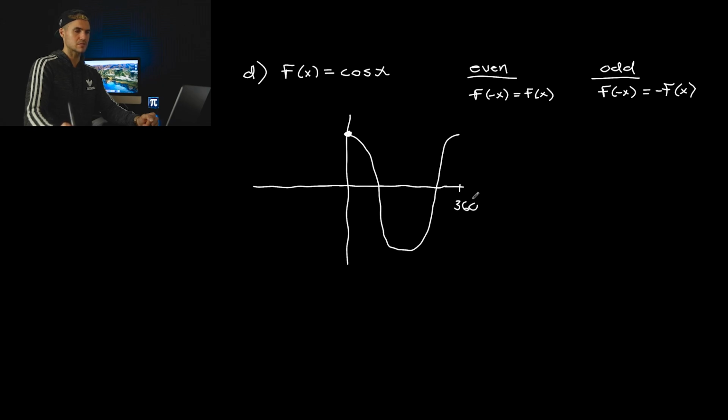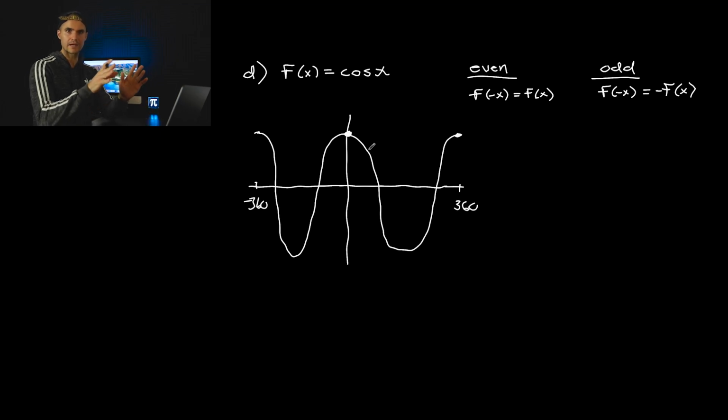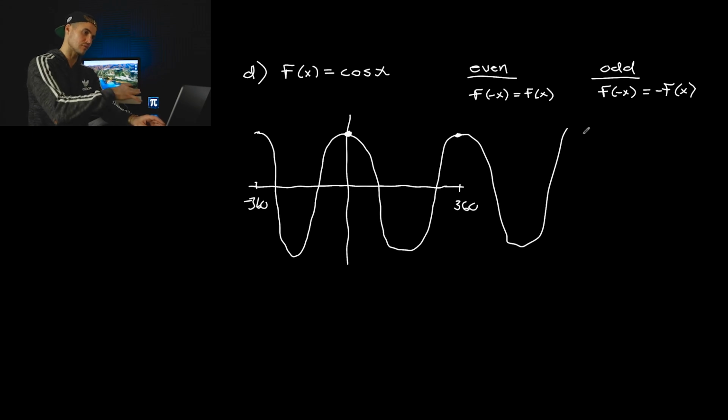This is 360 over here. Well, over here it goes the same way. Looks like that. And so a full period there, negative 360. So this is how cos x looks, and then again it extends, it keeps waving infinitely to positive infinity and negative infinity.